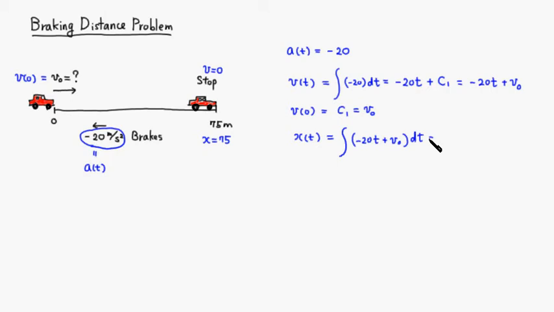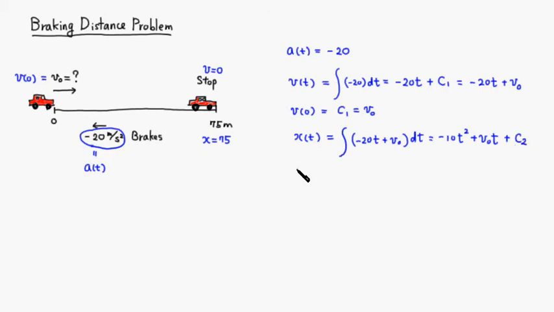The antiderivative of negative 20t is negative 10t squared. The antiderivative of v0 is v0t. And then you might have a constant, I'm going to call it c2.